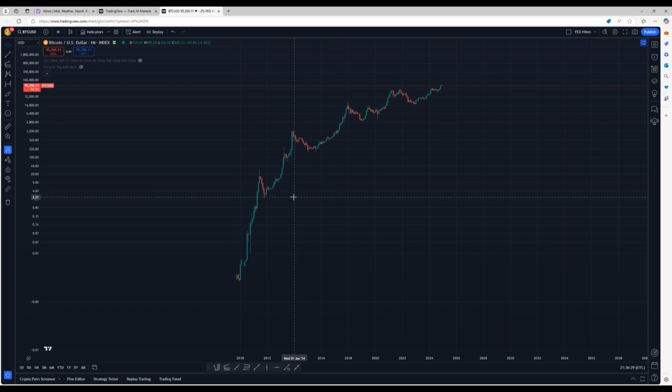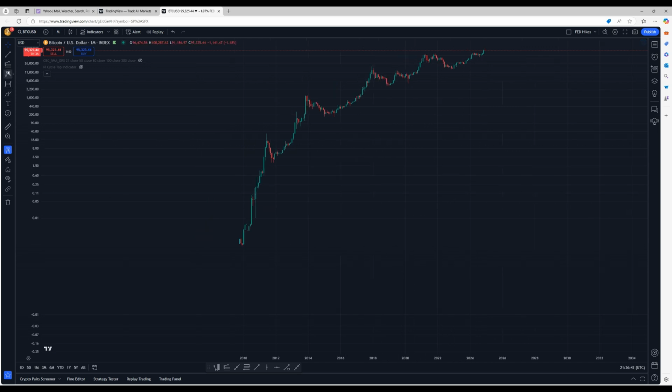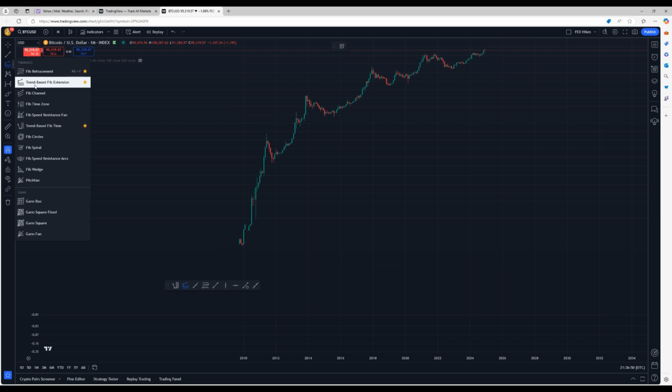Okay. So here we can see we've got uptrend, downtrend, uptrend, downtrend, uptrend, downtrend, up, down, up. Okay. I'm going to bring out what's called the trend-based fib extension.